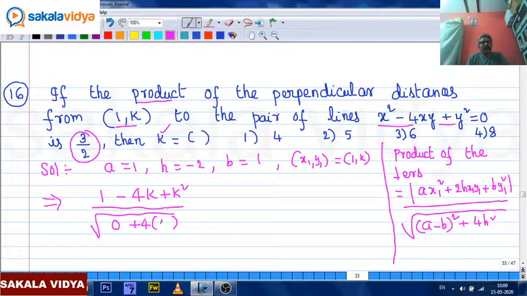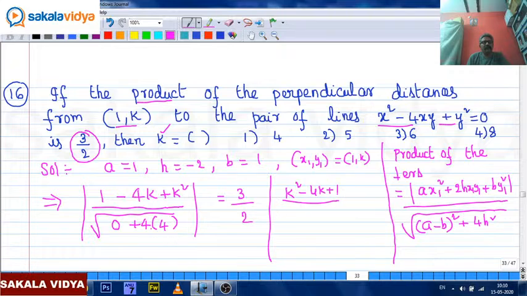H square is 4. Mod equals to 3 by 2. So we get k square minus 4k plus 1 by, this will be how much? 16 means square root of 4, equal to 3 by 2.